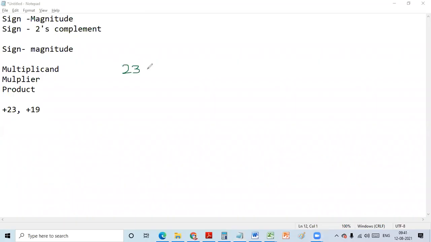We first multiply by 9 and then by 1 of the 19. So I will go by the first digit: 9 threes are 27, 2 is my extra carry, and 9 twos are 18, giving 207. We call this the first partial product. Am I right? This is not the total product. This is the first partial product.